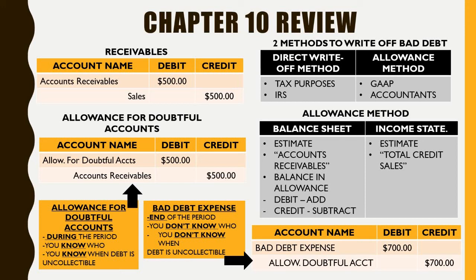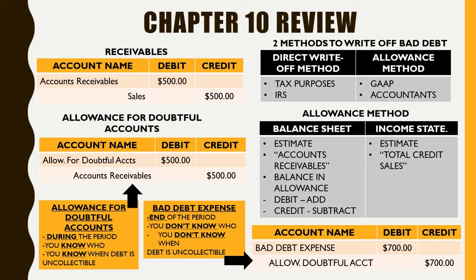Now let's go ahead and go into the right side. There are two methods of writing off bad debt. We have the direct write-off method and the allowance method. The direct write-off method is for tax purposes only and used by tax accountants for the purpose of the IRS.